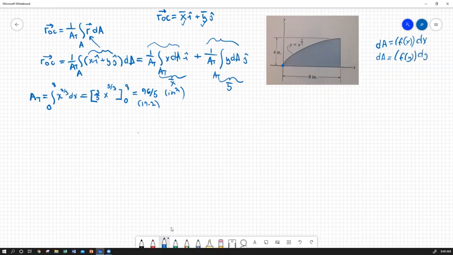So the first one would be a vertical strip with width dx and a height equal to x to the 2/3 minus 0. So our function of x would just be x to the 2/3 and dx, length times length equal area.